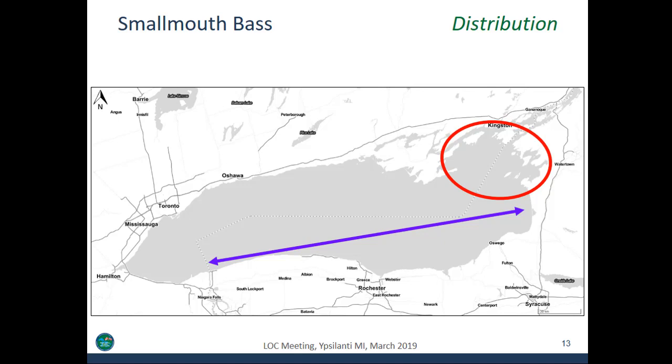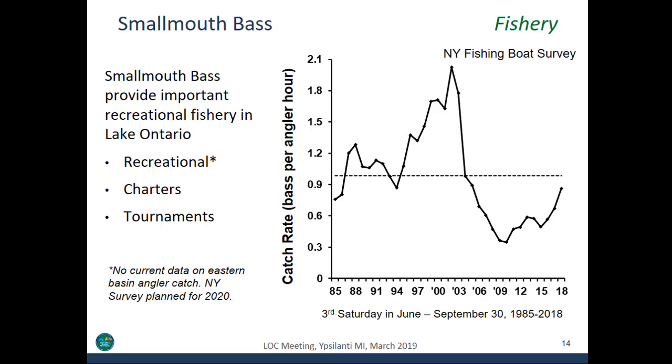Moving to smallmouth bass, the information I'm using is from our gill net in the Eastern Basin from New York, as well as the Rec Angler Survey, and we do have some tournament information as well. Smallmouth bass provides an important recreational fishery in Lake Ontario. There's no current data on the Eastern Basin angler catch, but there is a survey New York is planning for 2020.